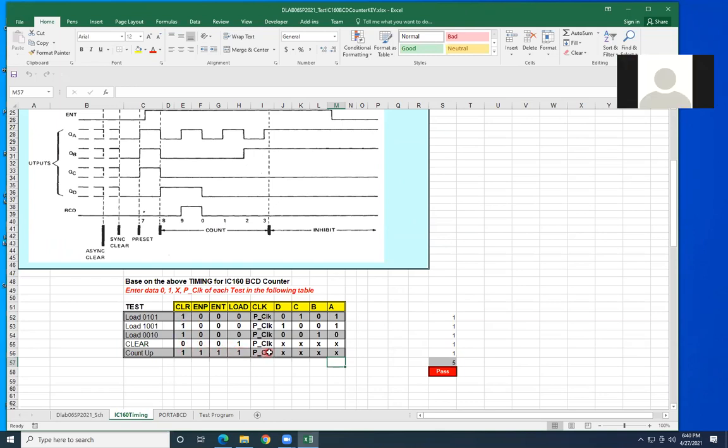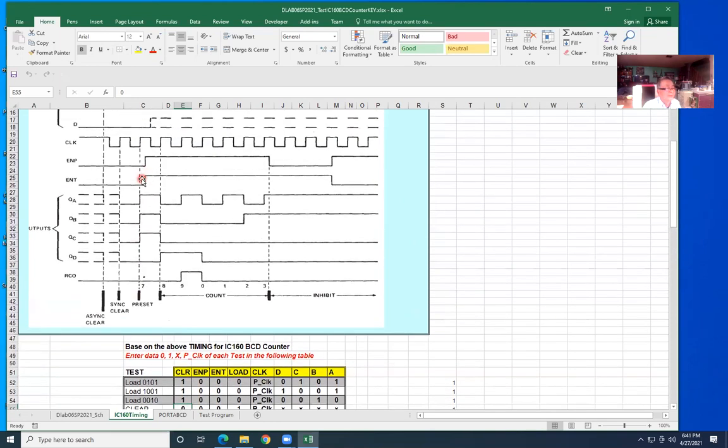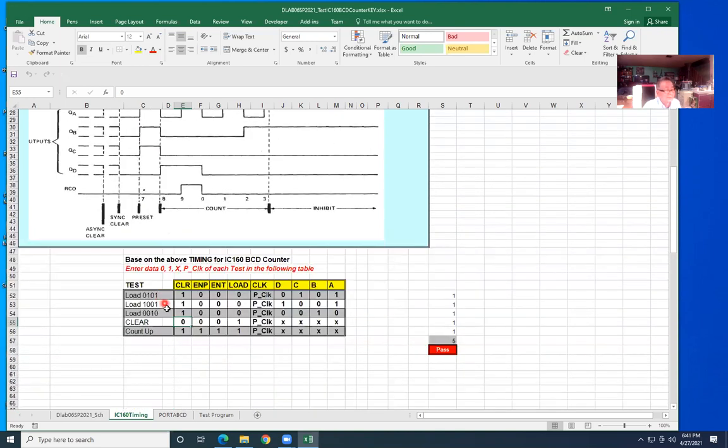In this case, clear would be synchronous with the clock, not asynchronous. Right, synchronous. Load is synchronous. That means the clock controls everything. No matter what you want to do, whether clear or load, it must get a clock. Without the clock, it's not working.